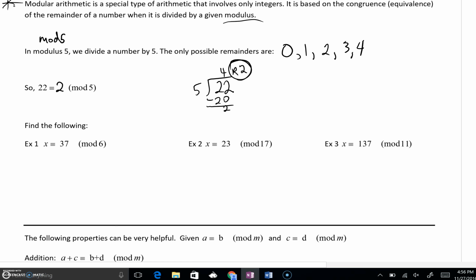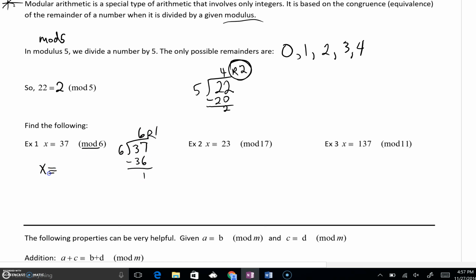Let's just say that x was congruent to 37 in mod 6. Well, I think very quickly, even without having to do long division, you could know your answer. I'll use the long division right now, though, and say that 6 goes into 37 6 times. You'd have a 1 left over.